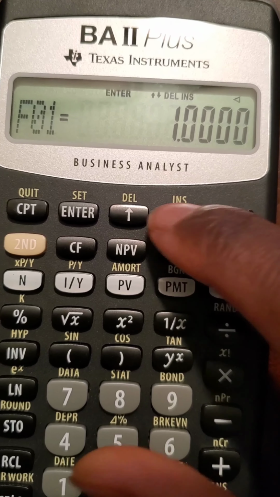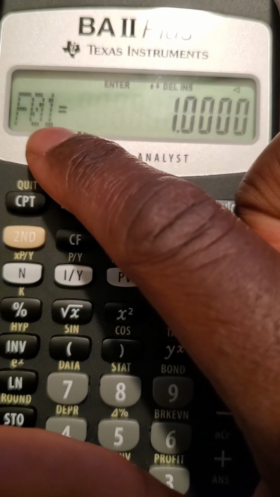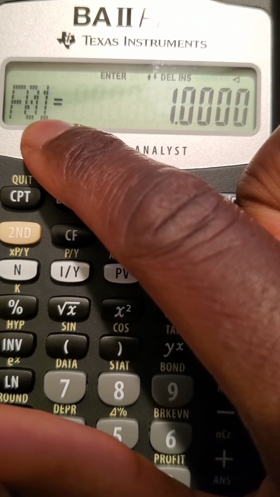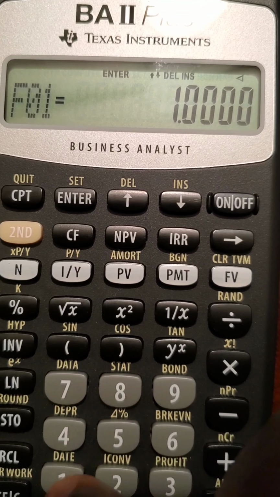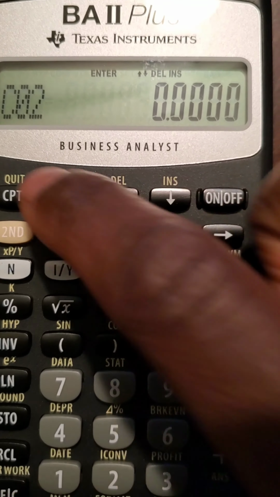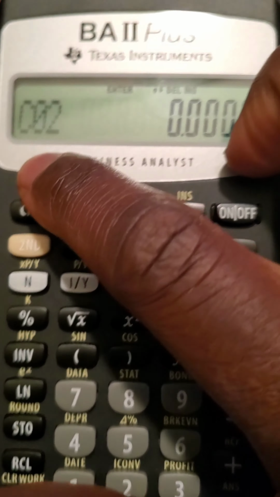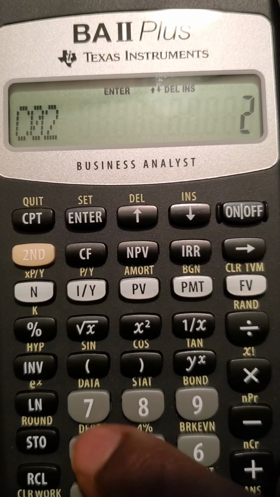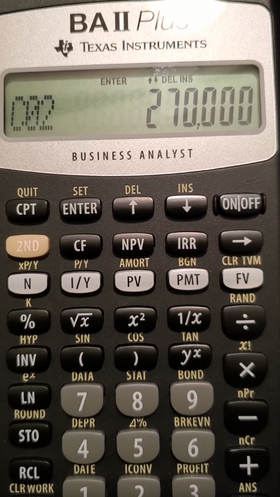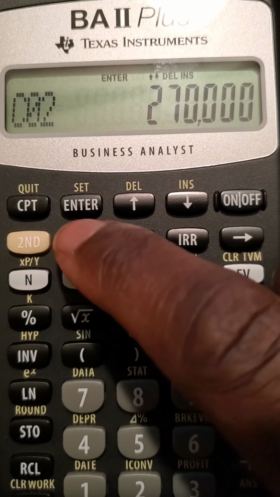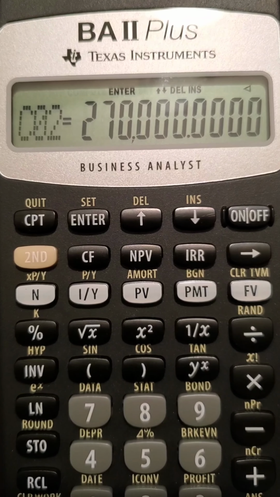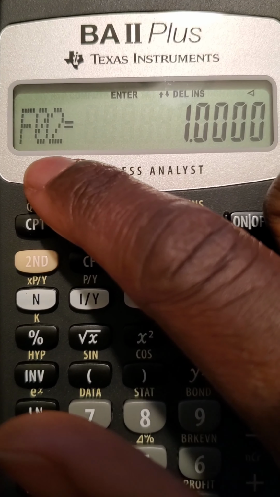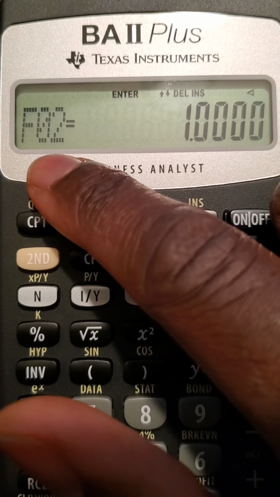If I hit my down arrow, it's asking me what the frequency is of that first cash flow. How many times am I going to get that? The problem says we only get that for the first year, so it's just going to be 1. Enter. I go down, and it's going to ask me for my second cash flow. The dollar amount is going to be $270,000, and that's a cash inflow, so it's positive. I hit enter. It's asking me for the frequency of the second cash flow.